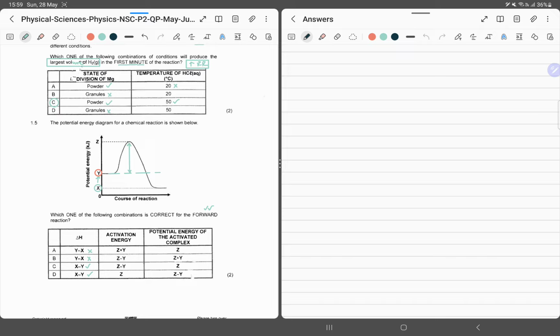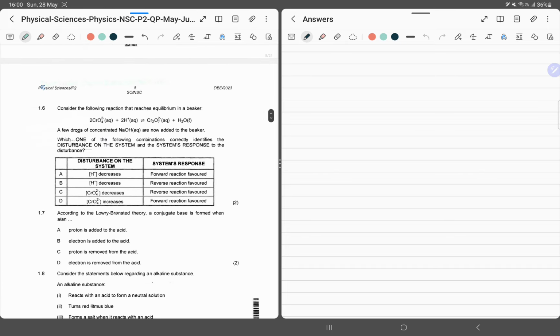So essentially it's going to be Z minus X. So anything that says Z minus Y, that one is already out. Obviously the potential energy of the activated complex is going to be Z. So C is therefore our answer.